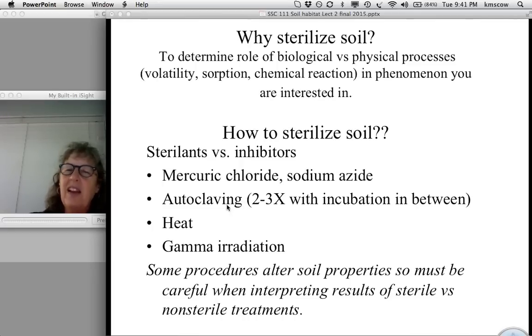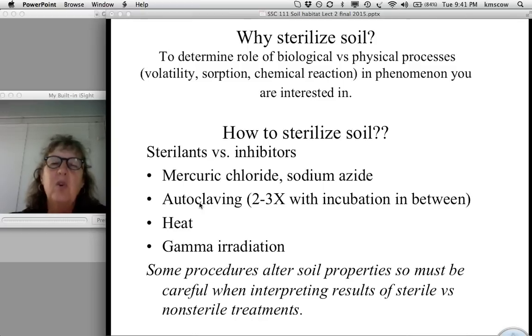But I have to say that by the time you've autoclaved the soil that much, even once, you're changing the physical and chemical properties of the soil quite a bit. And that might not be acceptable in your particular kind of experiment if all you want to do when you sterilize the soil is just remove or knock out the organisms. Then you're going to be in trouble, because you're going to have a very different physical soil than before you autoclaved it.